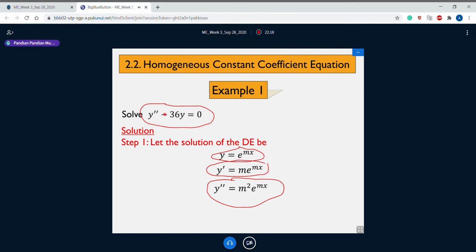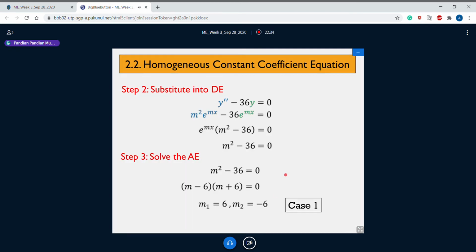So now you substitute into this equation, put this y inside here, and y double dash inside here. There is no y dash in the differential equation. And let us see what you obtain.